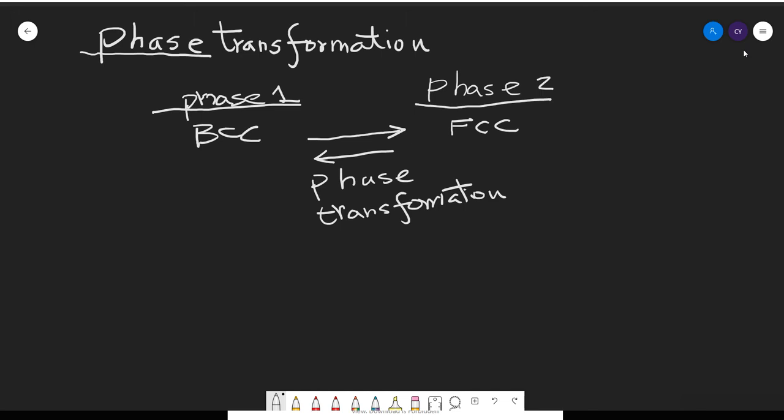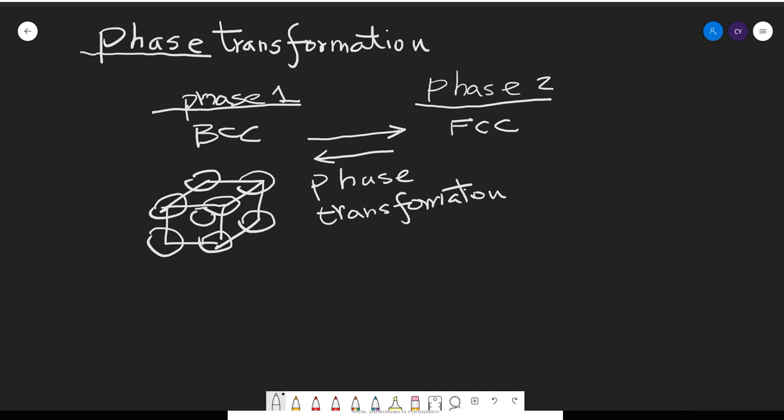And we may write down again the BCC structure. We have written it many times, so now maybe you can write it down very quickly. The face center is FCC structure.